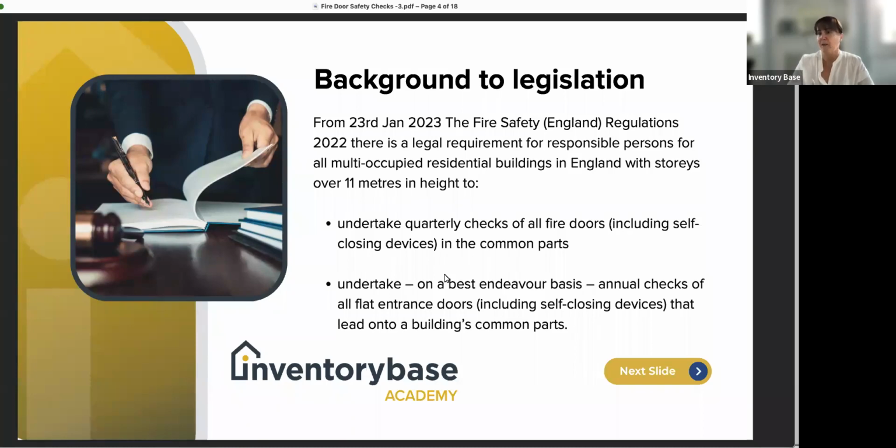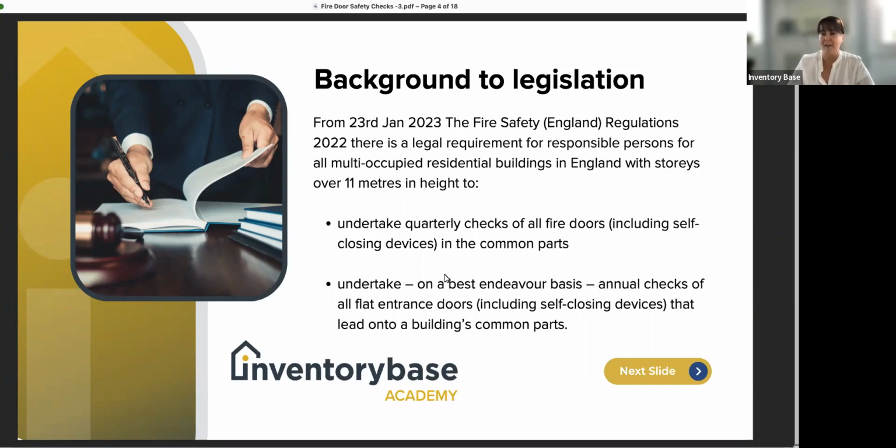So the common parts are your entrances, your landings, your different levels, your entrances to the stairwells, anywhere there's a common area that the tenants and residents would access to maneuver around the building, but also to undertake annual checks of flat entrance doors. Now, the regulation says best endeavour.